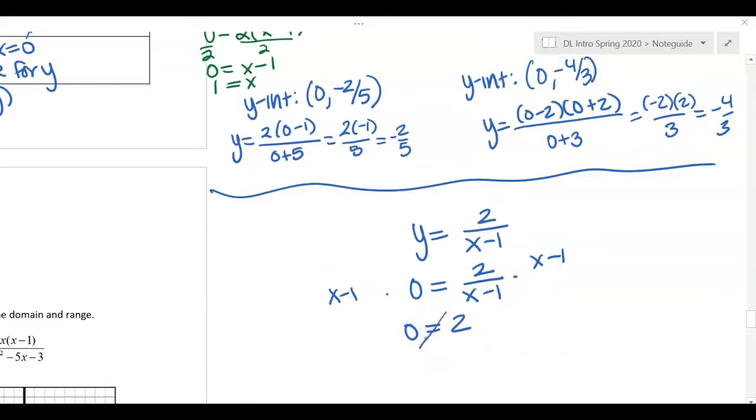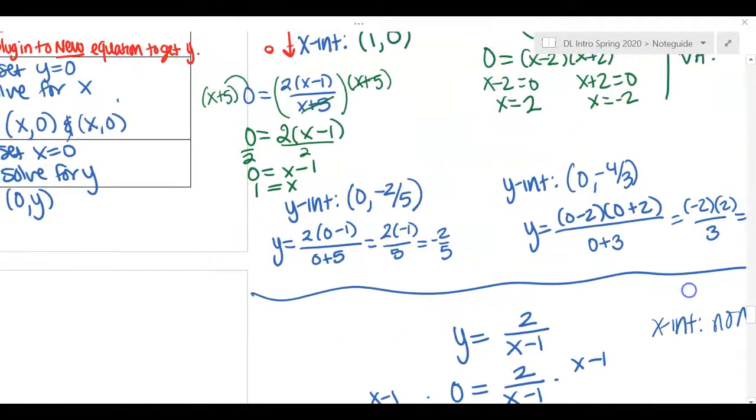There's no x left in the equation to solve for, and 0 equals 2 doesn't make sense. So this equation has no solution, and then you have to remember, what were you looking for? You were looking for x-intercepts, and the equation that you set up to do that had no solution. That means you don't have any x-intercepts. It wasn't possible to find them. So don't be afraid of getting that "none" answer at any point in time for anything in your list.